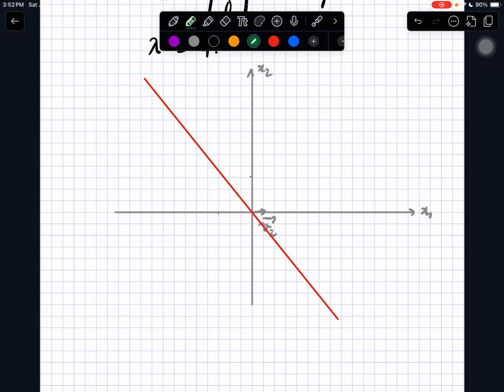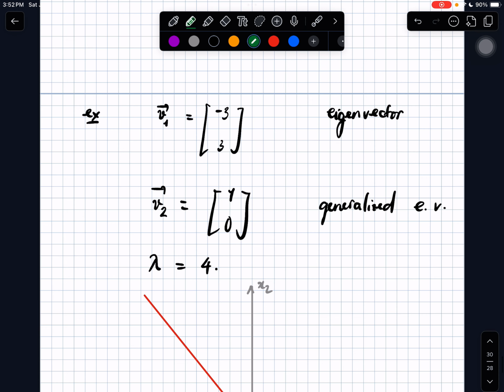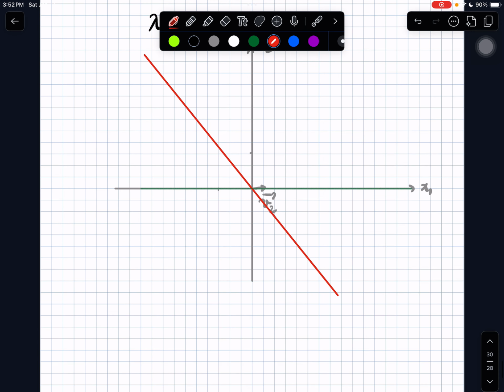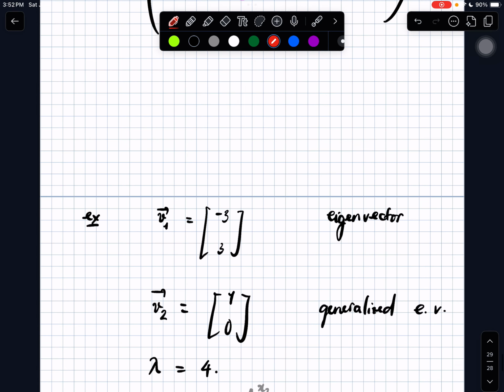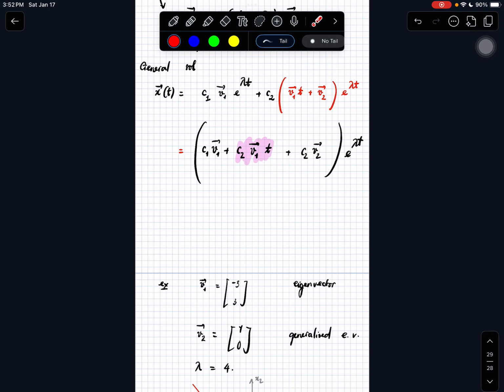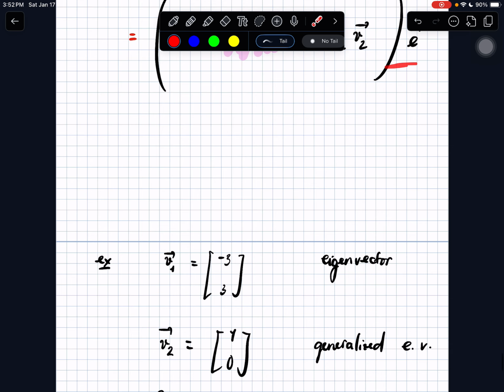The second one, v2, is actually along the x1 axis. Lambda equal to 4 is positive along the red one, v1, the actual eigenvector. The solution goes off to infinity as t tends to infinity.